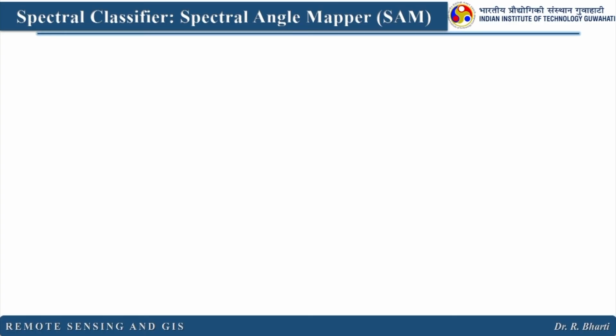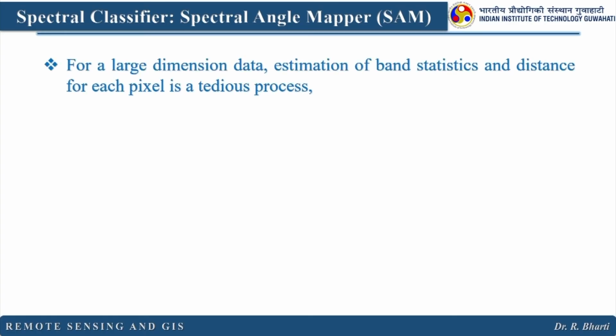This is one of the most popular classification techniques. For large dimension data, estimation of band statistics and distance from each pixel is a tedious process, right. If you compare with minimum distance to mean or maximum likelihood, it is going to be tedious. So, that is why we have to move towards some advanced technique where we can minimize our computational time.